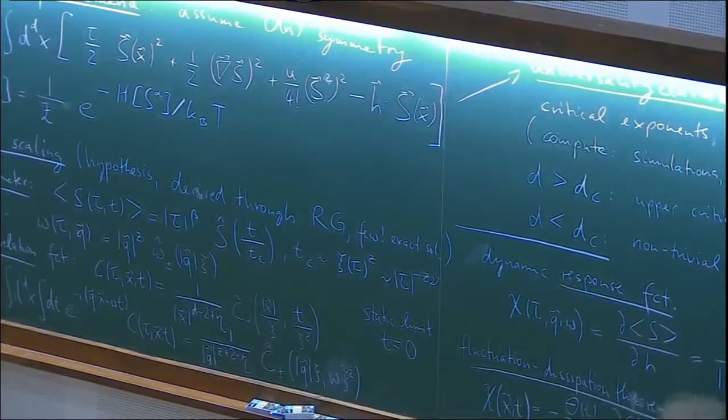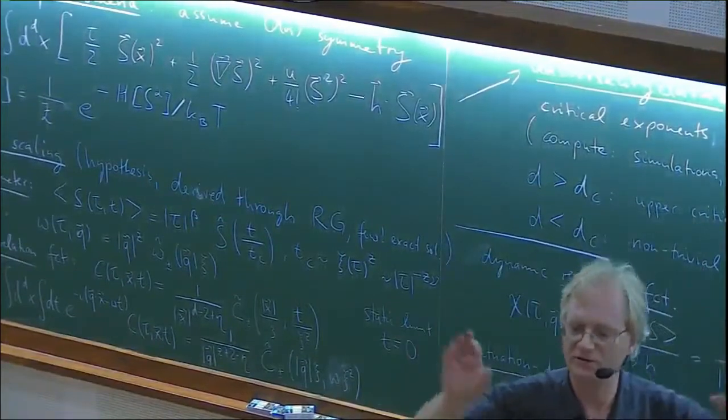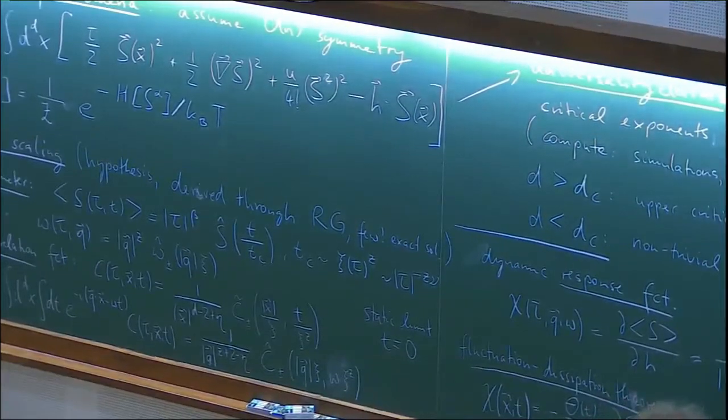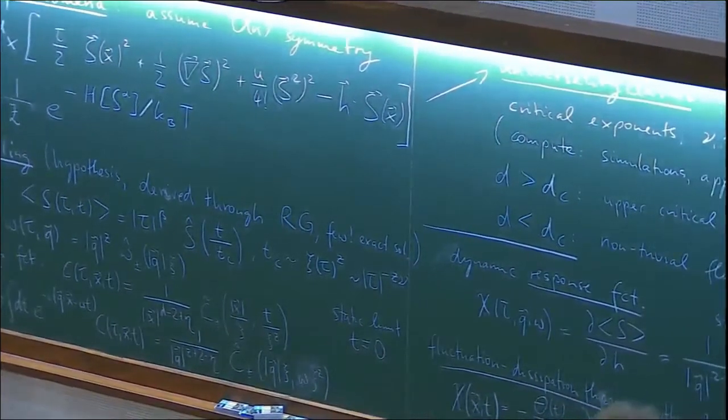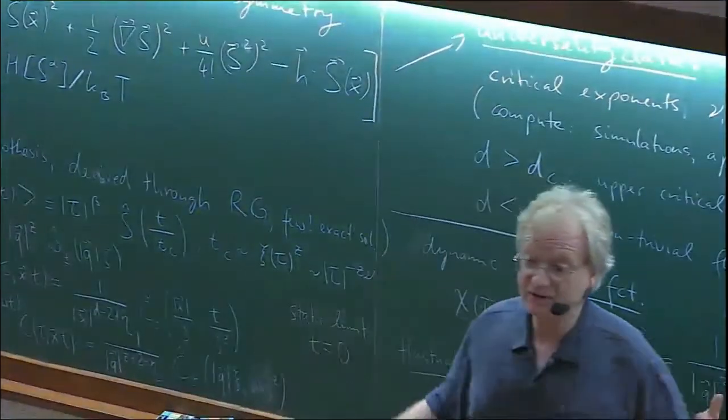Critical slowing down means as I approach a second order transition, I get large correlated regions. So for example, in a magnet, in a spin system, say Ising magnet, you don't have individual spins fluctuating, but you have large clusters going back and forth. These large clusters are of the typical size of this correlation length.